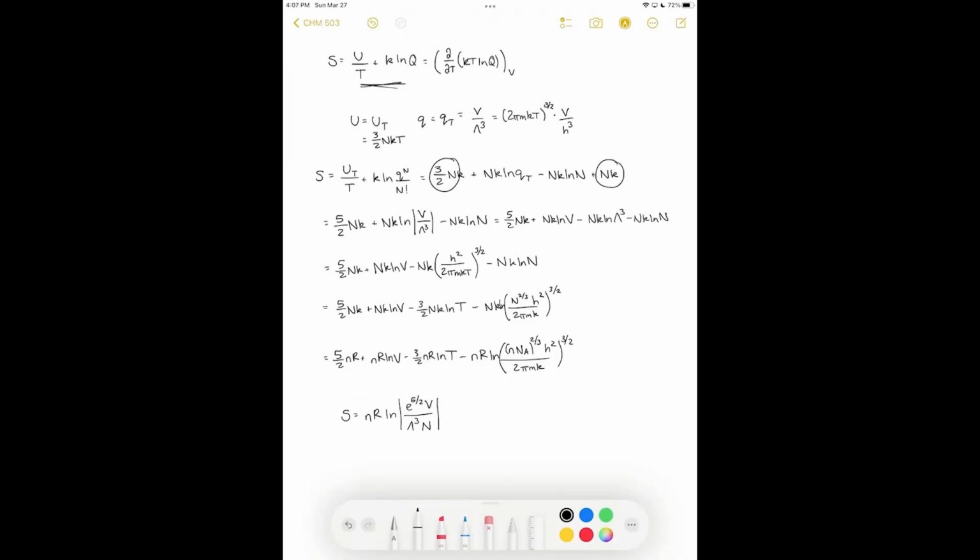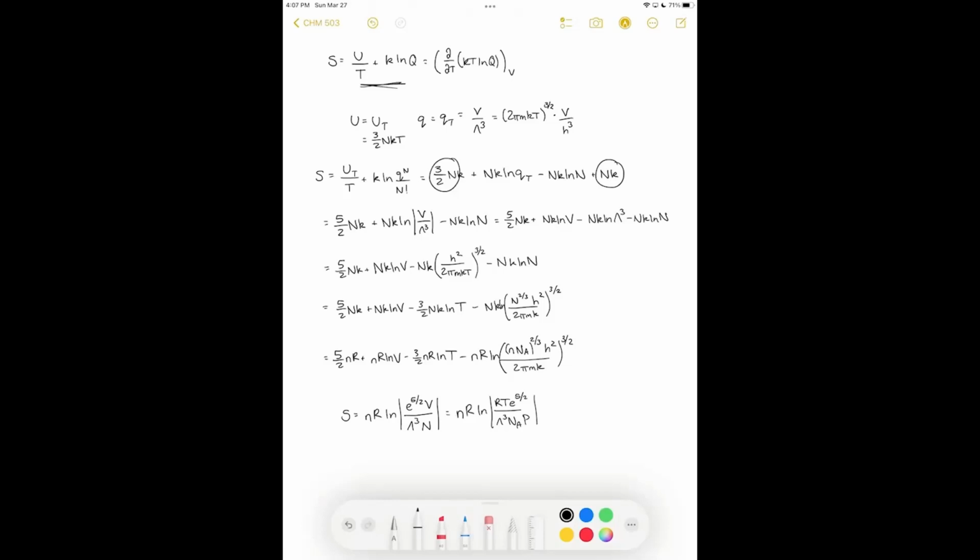And what we do to get around these sorts of things, like the number of particles and the volume that might not be known, to convert to ideal equations or situations, we use the pressure. So we have nR times the natural log of RT e to the 5/2 over the thermal wavelength cubed times Avogadro's number times the pressure.